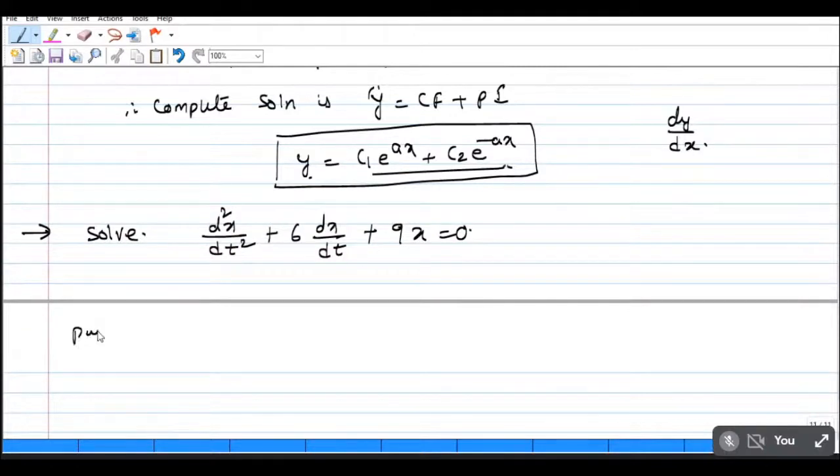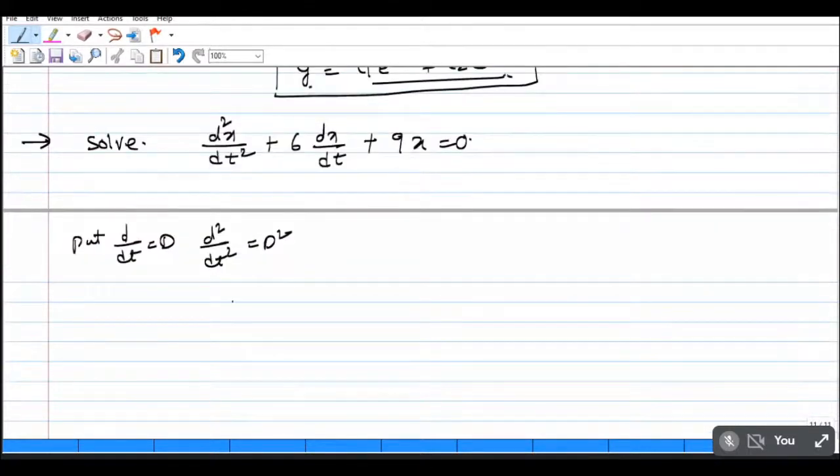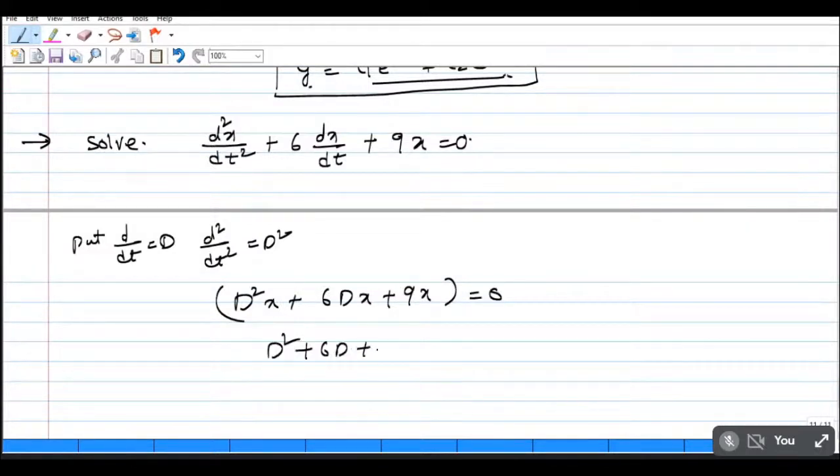Put d by dt as capital D, d square by dt square is capital D square. Then the given equation becomes (D square plus 6D plus 9) x equal to 0.